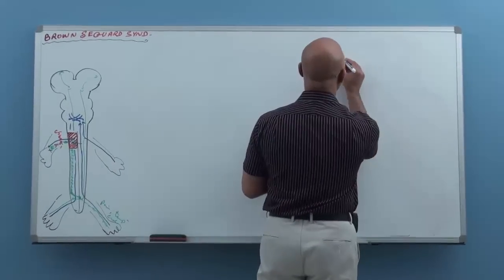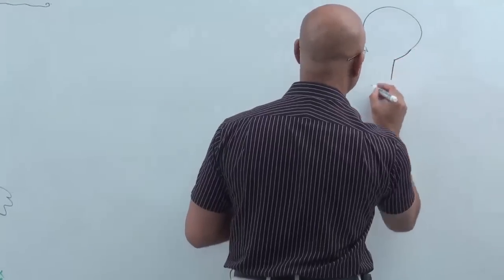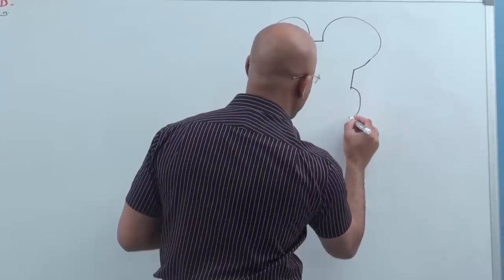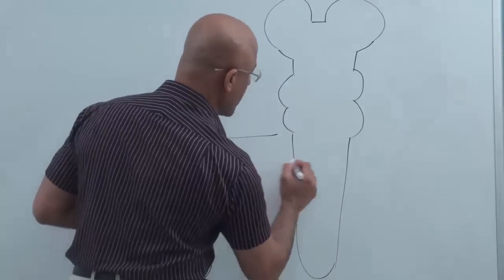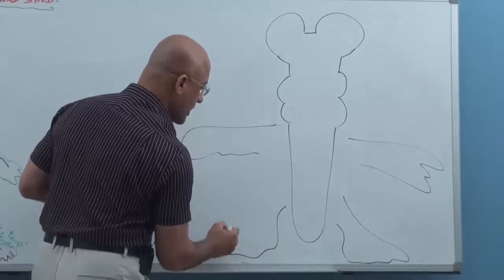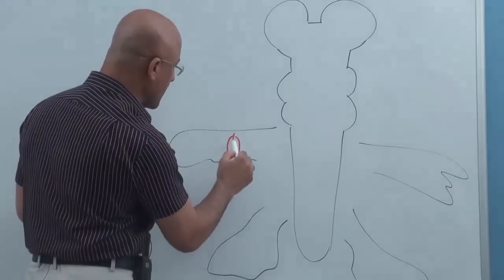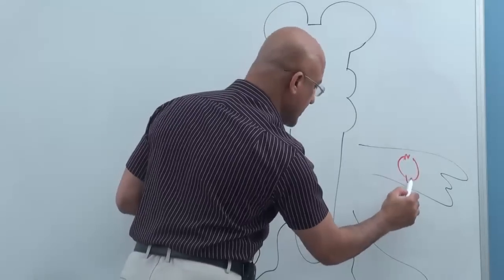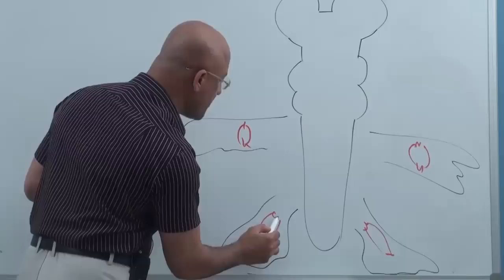Let's suppose here is your central nervous system and midbrain, pons, medulla, and here is your spinal cord. Here is your upper limb and here is your beautiful lower limb, okay? And of course, suppose there's a muscle in the upper limb on both sides and there are muscles in the lower limb on both sides, right?